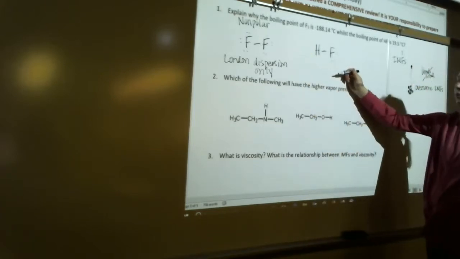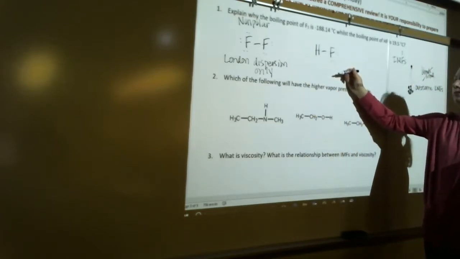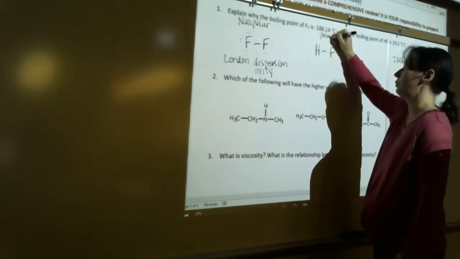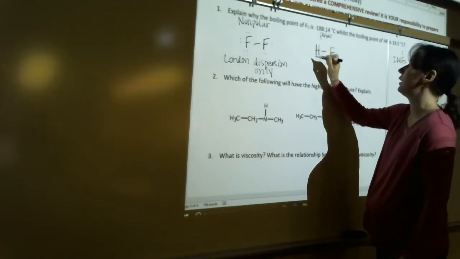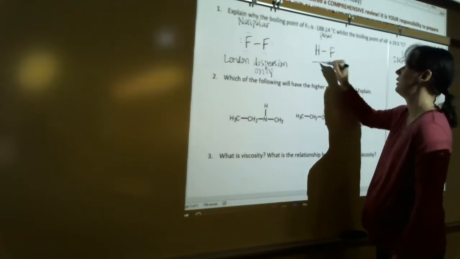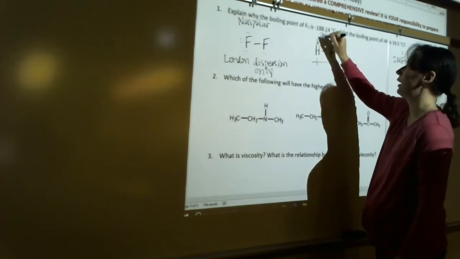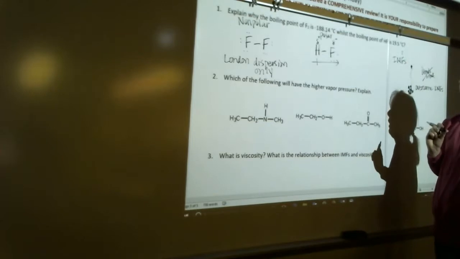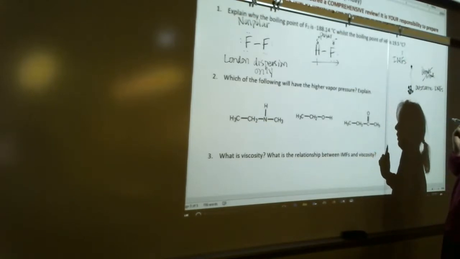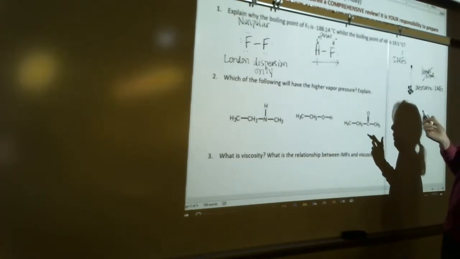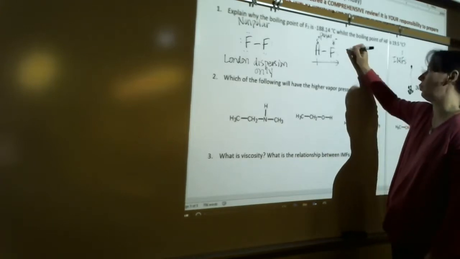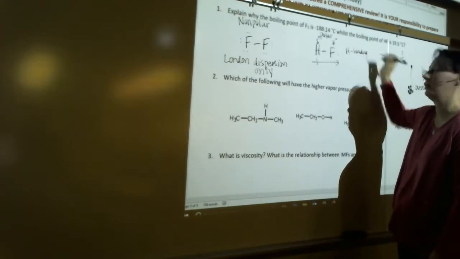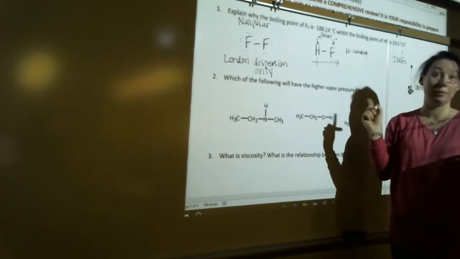What about in HF? Is that a polar or non-polar molecule? This one's polar, right? It's going to have a pretty significant dipole moment, facing this way, with this being the partial positive and this being the partial negative, right? And what kind of IMFs would we have here? We have hydrogen bonding. Now, is that an actual chemical bond? It's not a chemical bond, right? What is it?